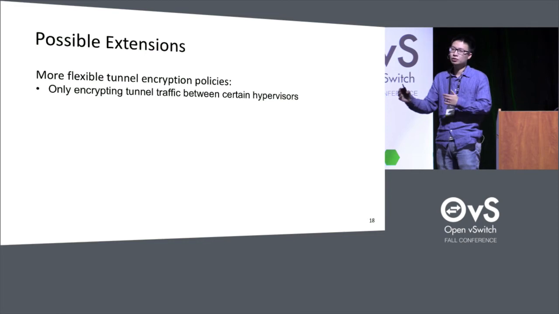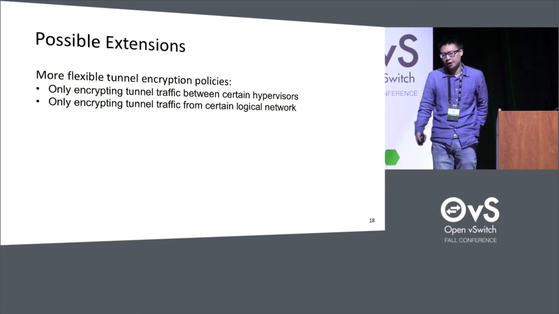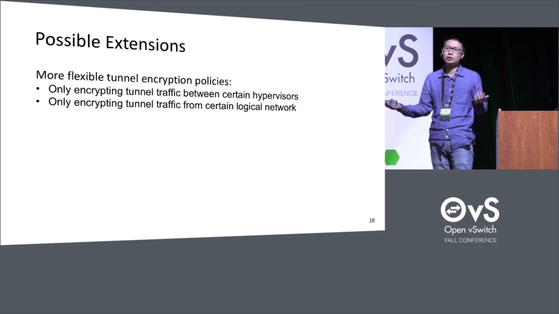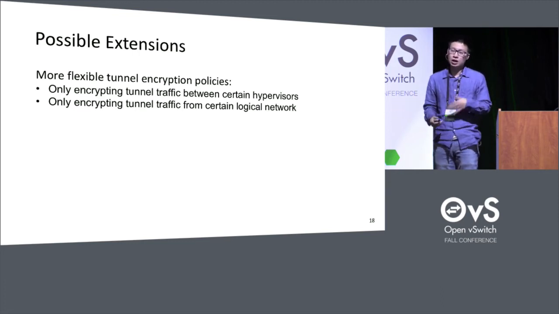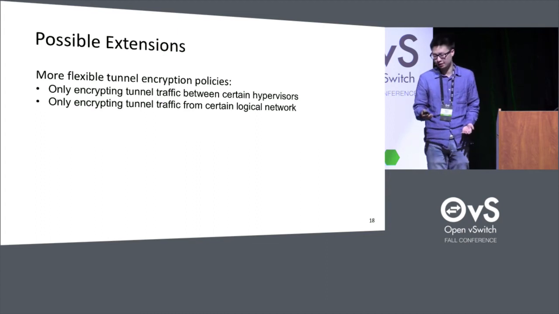We can also potentially specify that only the traffic from certain logical networks will be encrypted, because there are virtual machines which run more sensitive computation than others. We can put them into the same logical network, and only the traffic between those virtual machines will be encrypted. The traffic from other virtual machines won't be encrypted, so we get less performance penalty.